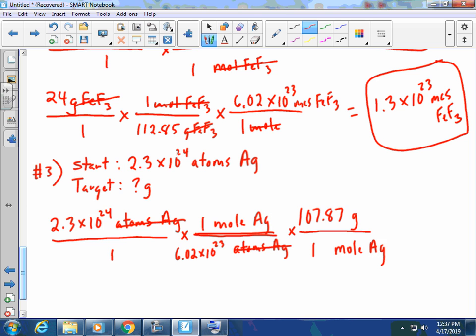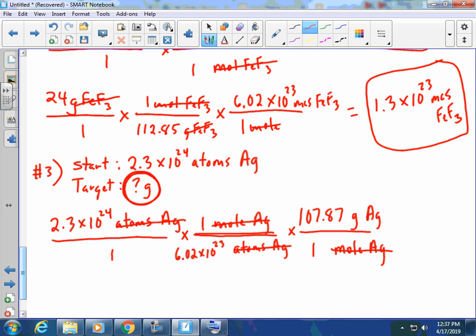And now, because I did that, the moles cancel out. Now the only units I have left are grams. So if I stop here, I should put grams of Ag. If I stop here, I'm going to find the number of grams of Ag. What did we want to find? We wanted to find the number of grams of Ag, right?